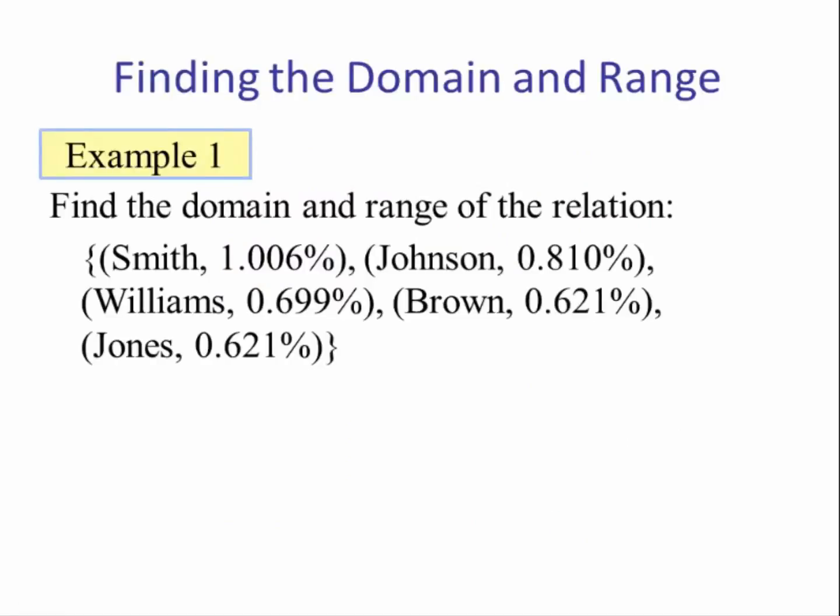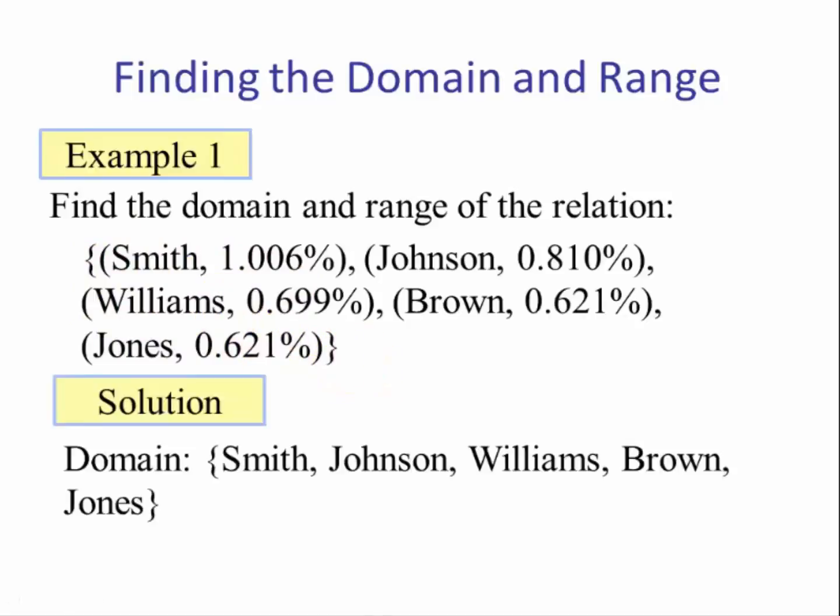Example 1. Find the domain and range of the relation of our last example. So the domain would be Smith, Johnson, Williams, Brown, and Jones. And usually we put fancy parentheses when we're talking about domain. Sometimes this is called set notation.